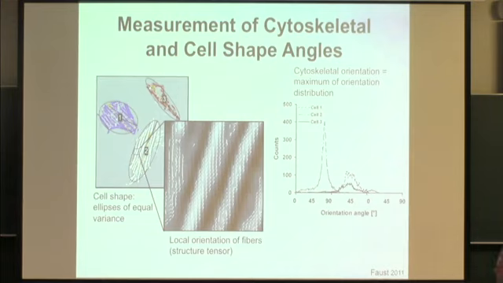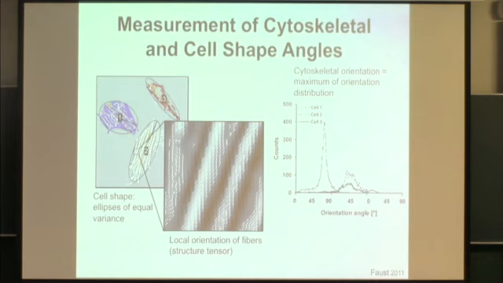There is a technique called the structure tensor that measures the local orientation in the gray value image. Together with some thresholding, we determine for each pixel what the orientation of the gray value gradient is in that environment. So we get a lot of numbers that tell us directions. That gives us a histogram of orientations of the fibrous structures within a cell.